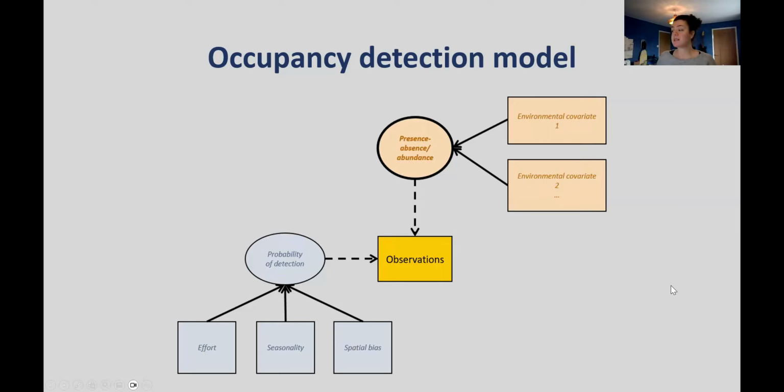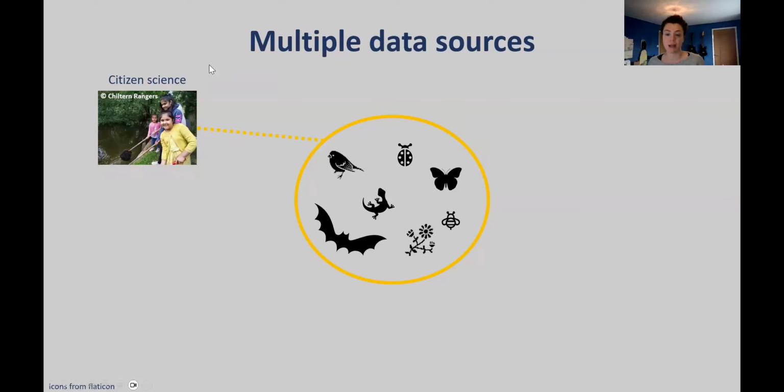But what happens sometimes is that we are lucky enough to have multiple datasets available to do a particular analysis and answer a particular question. So we know that increasingly there's a lot of information that comes out of citizen science programs, and there's quite a lot of them.